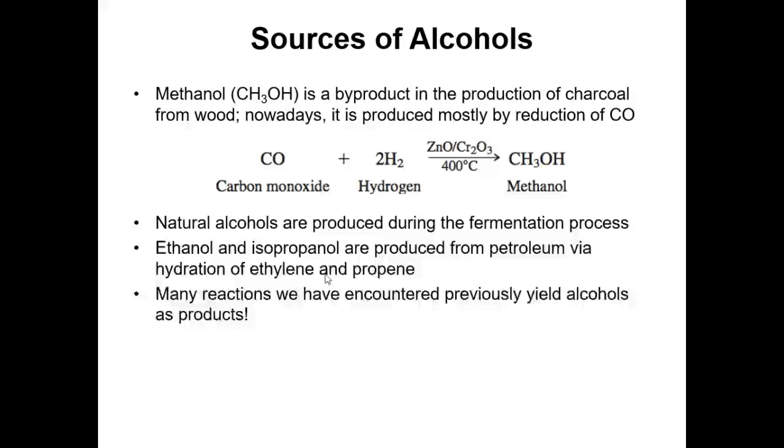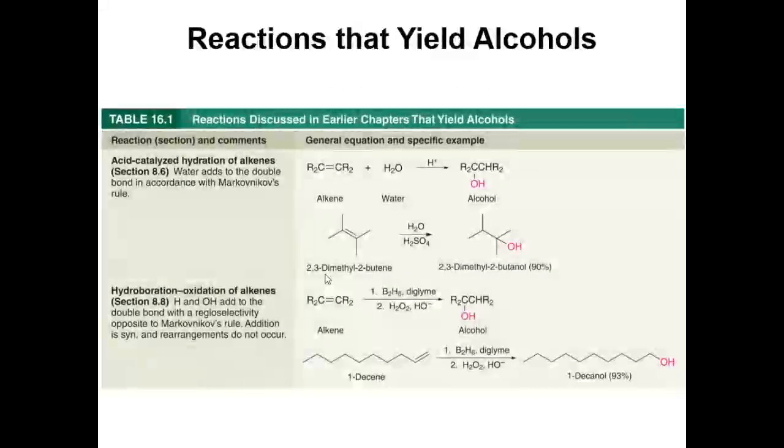Obviously naturally, rotten fruit falling on the ground undergoes a natural fermentation process. They create alcohol, then accidentally one of our ancestors picked it up. So anyway, that's the alcohol.